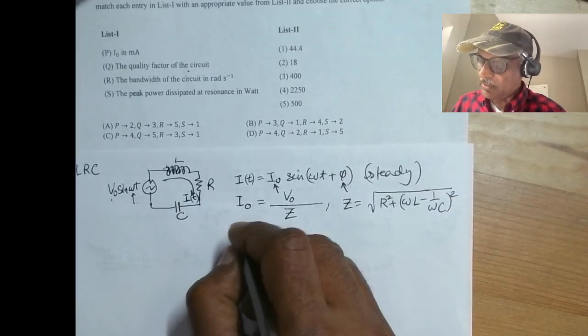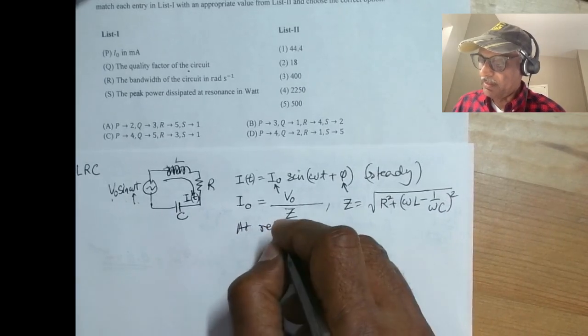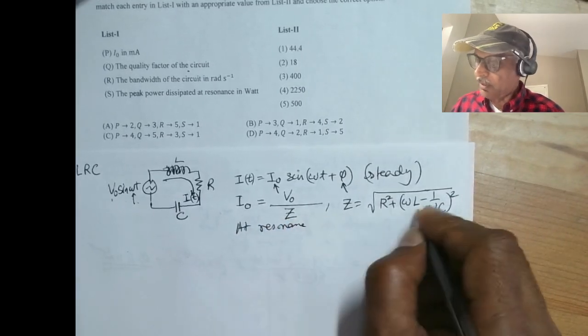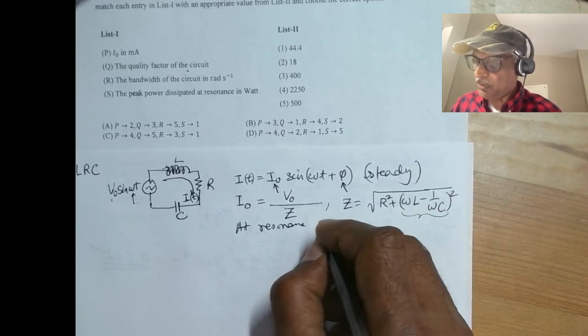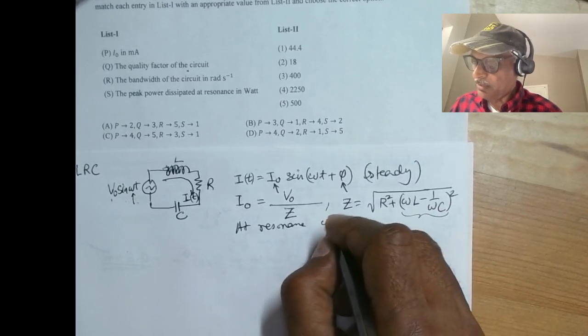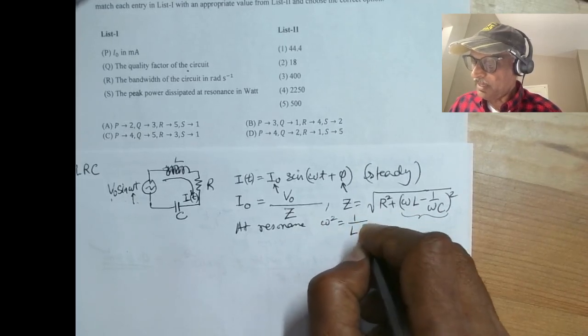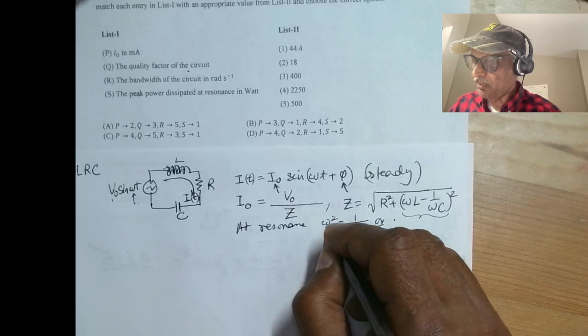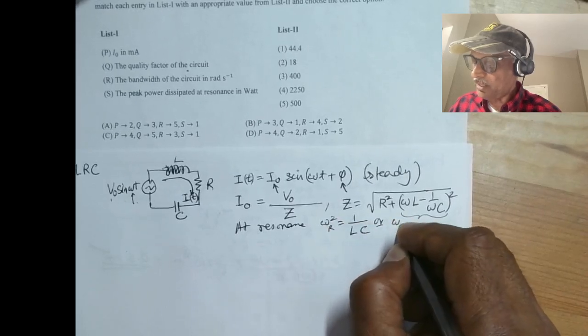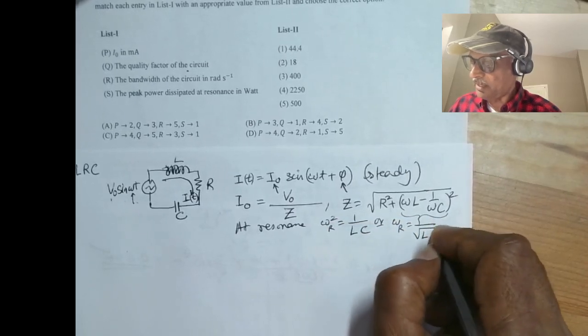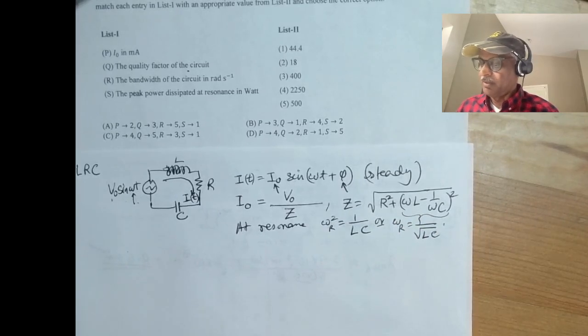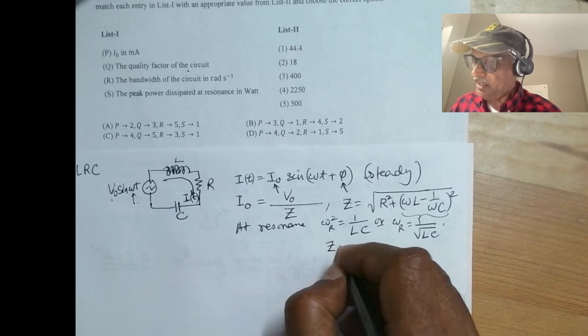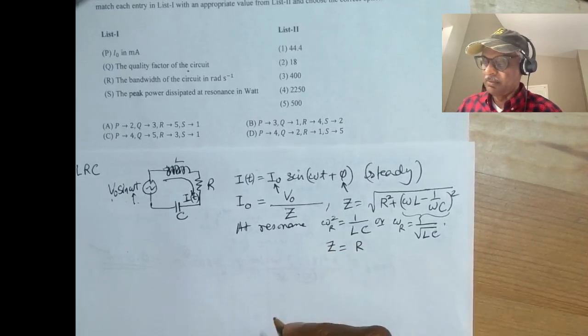At resonance, this will have to go to 0. Omega squared will be 1 over LC, so omega resonance is 1 over square root of LC, and Z just becomes R.